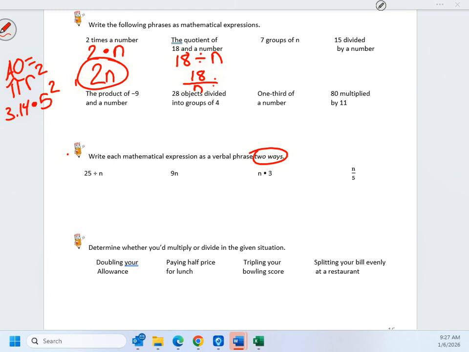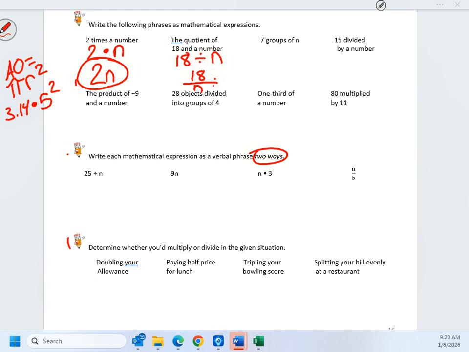So if we have 25 divided by n, you could say the quotient of 25 and a number. You could say 25 put into groups of n. Right? So write it in 2 ways. So make sure you're using 2 different words from up above.